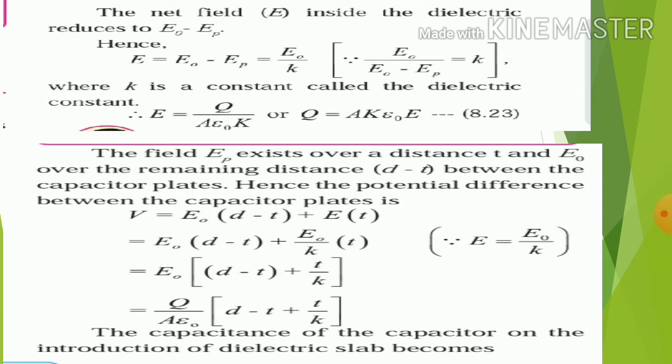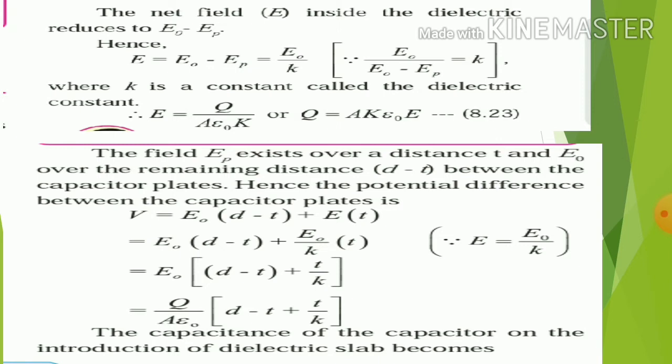Then simplifying this equation, that is, substituting the value of capital E from the above equation, this equation becomes V equal to E0 into bracket small d minus small t bracket complete plus E0 upon K into t.